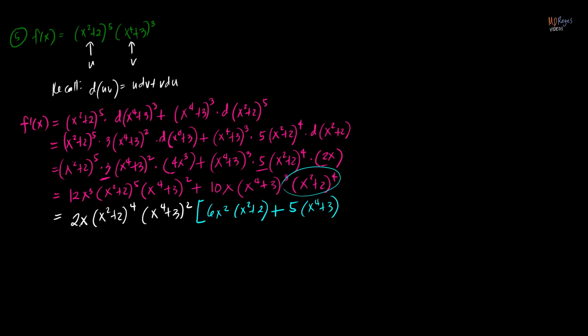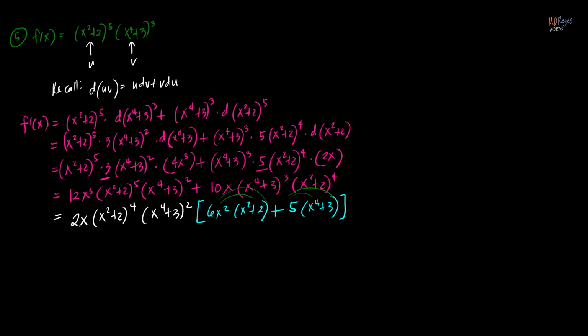And then from this factor, factoring x squared plus 2 to the fourth, we'll just be left with 1, right? So this is everything. Inside the brackets, we'll remove the grouping symbols by distribution. So just distribute 6x squared and 5 inside the parentheses.